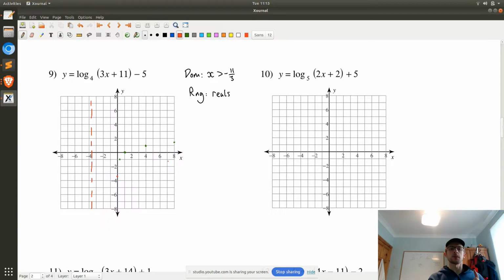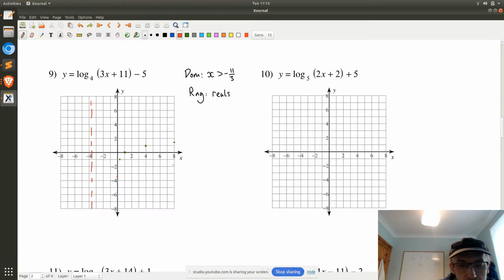Okay, no, I realize now. So what I really want is I don't want to do something foolish like that. So just plug in 8. Okay, so 24 add 11 is 35. Log base 4 of 35 is like, come on.